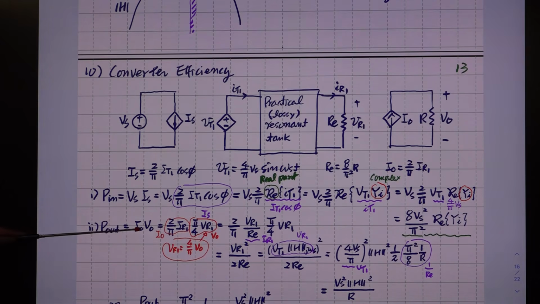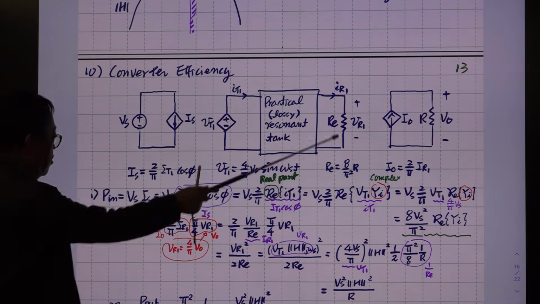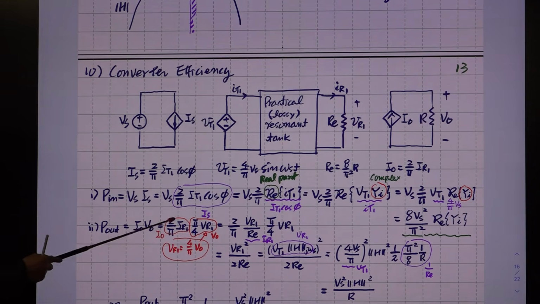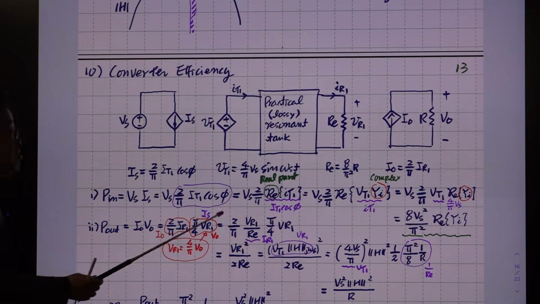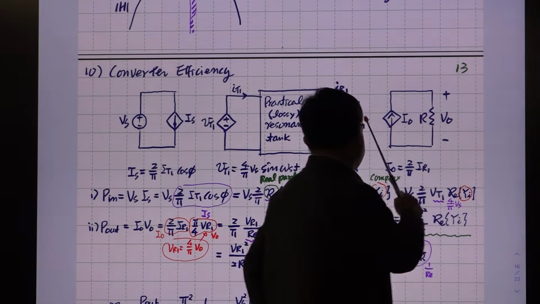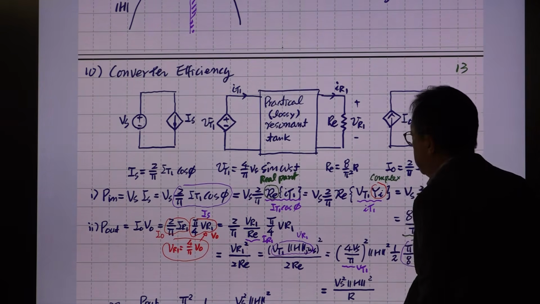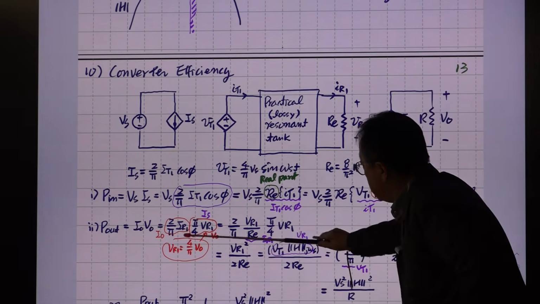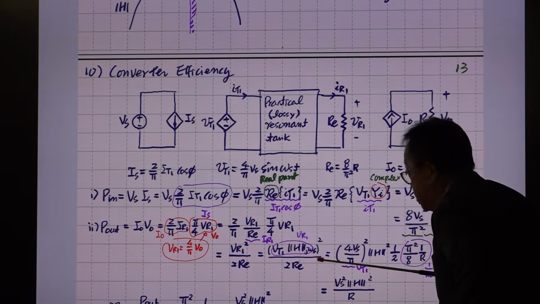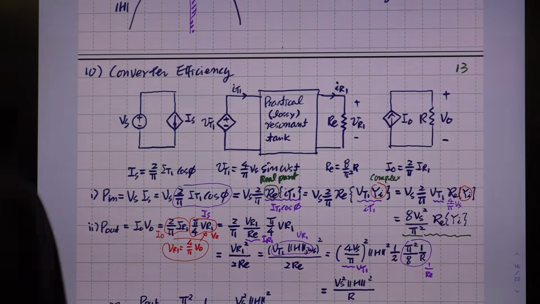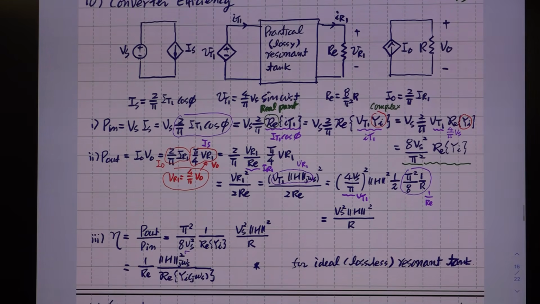Okay, this is a DC, and the relationship between IR1, which is the AC current, to the DC voltage is, you have the factor 2 divided by pi coming here. And the relationship between this fundamental component of the voltage to the DC value is, you have this factor. So with this, you calculate this. All right? Then the final efficiency will be P out divided by P in.